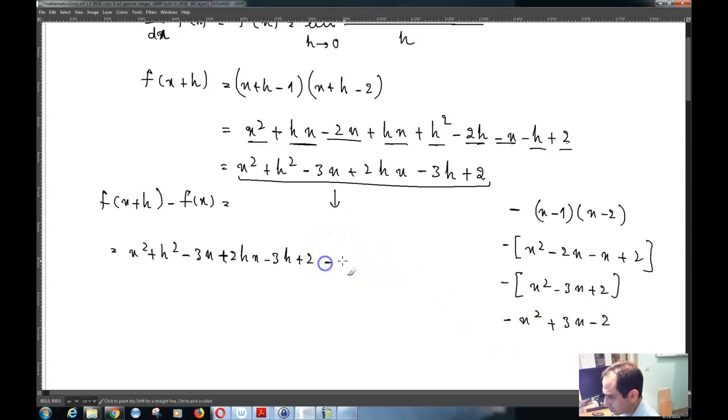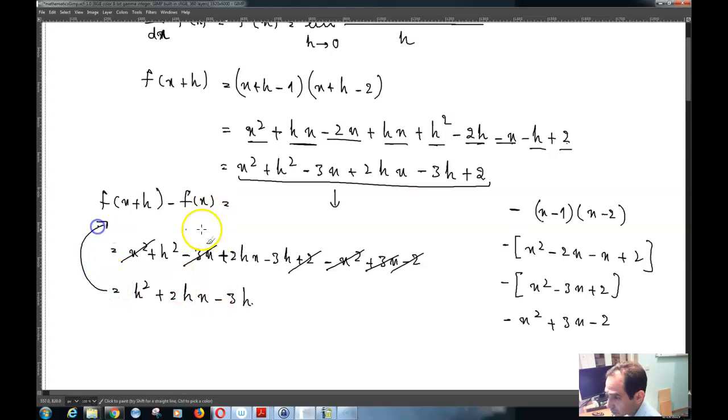So I can write here minus x squared plus 3x minus 2. And so these will be cancelled out, and these will be cancelled out, and these will be cancelled out. So then you will get h squared plus 2 times hx minus 3 times h. So that is the value of this expression over here.